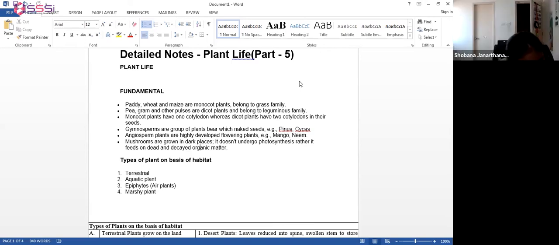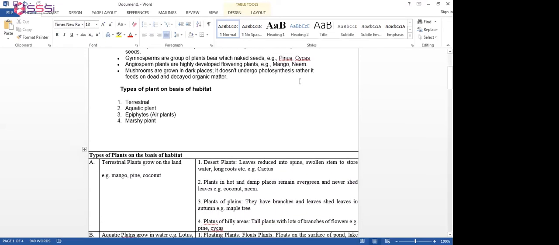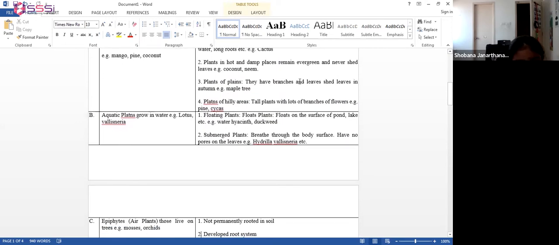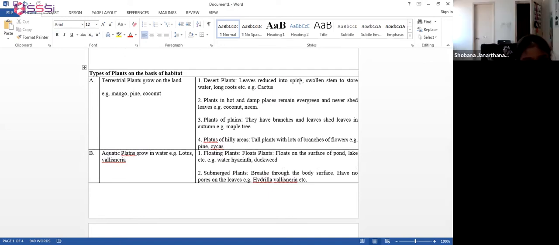Yes, ma'am. So now we'll study the types of plants on the basis of habitat. Habitat means where they can get all the necessary requirements for their growth and development.